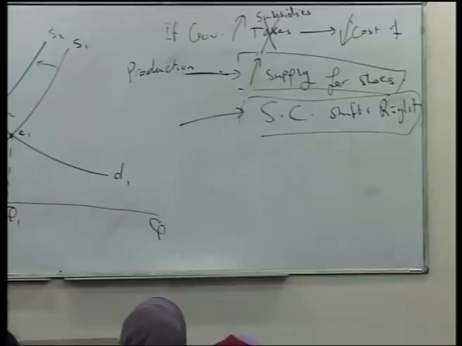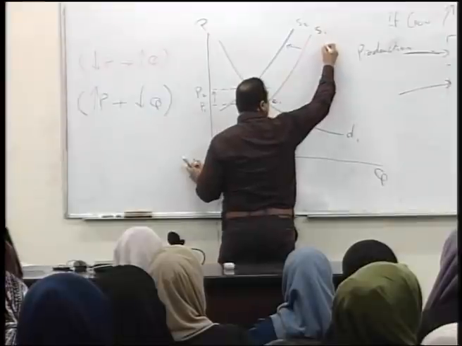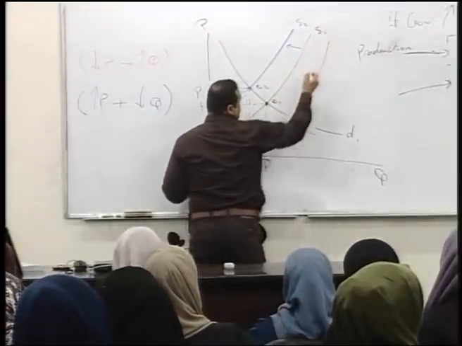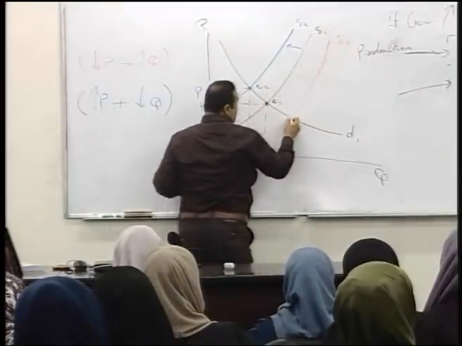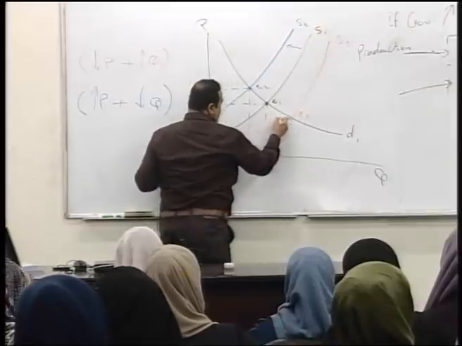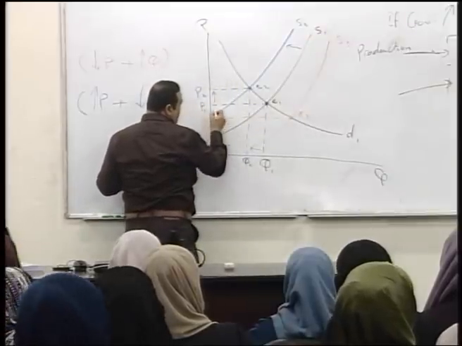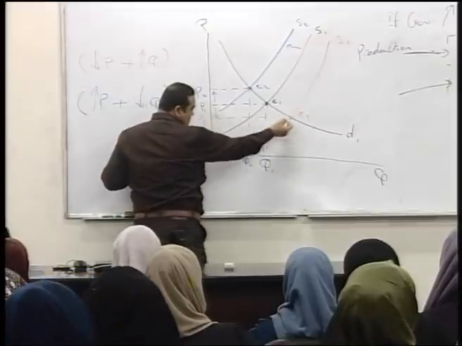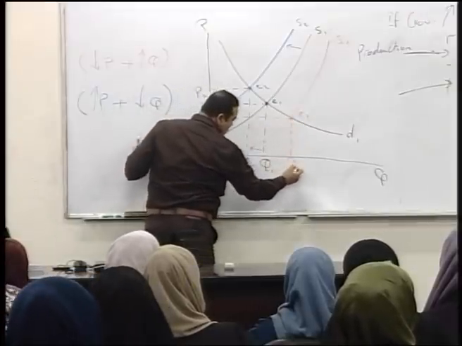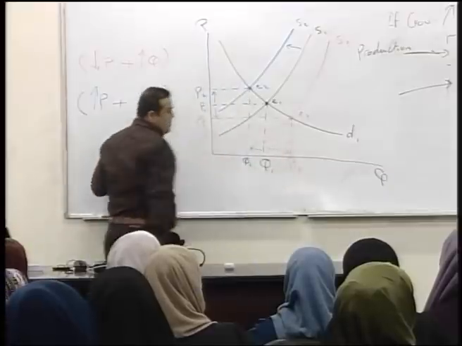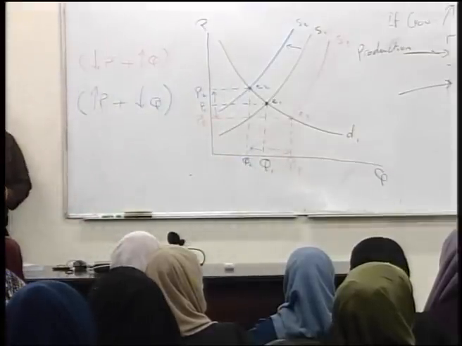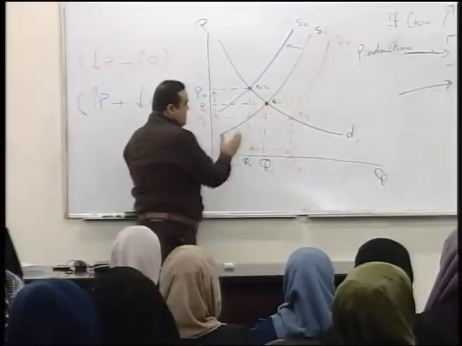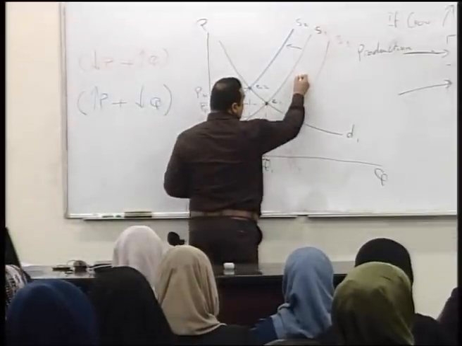So in this case, supply will shift right, from S1 to S3. To E3, what will happen here? The price goes down from P1 to P3, and the quantity goes up. So the result here will be a rightward shifting in the supply curve from S1 to S3.